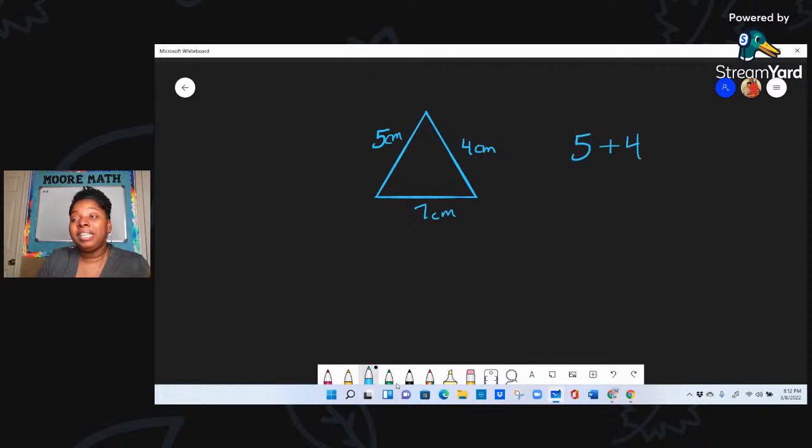Perimeter means outside. If they want the area of something, they're talking about inside the shape. But perimeter, search the perimeter, you're searching the outside because you don't know what's waiting for you inside. So perimeter is around the shape, and you are adding everything that's around the shape all together. So 5 plus 4 is 9. 9 plus 7 is 16.